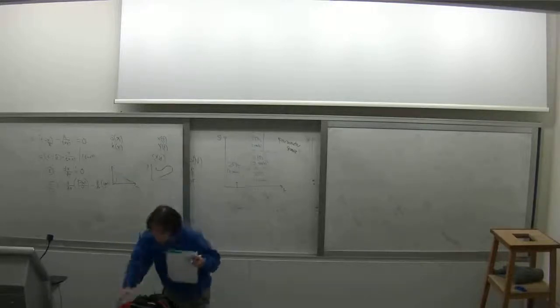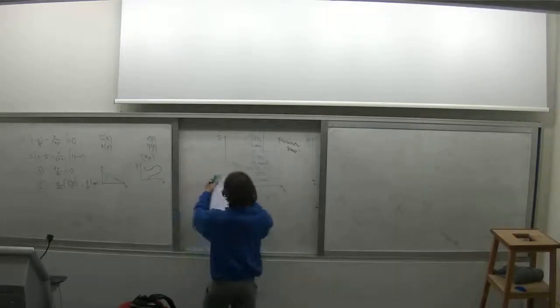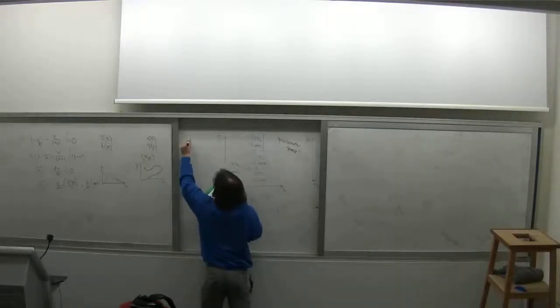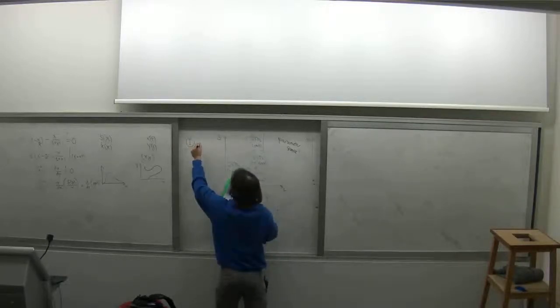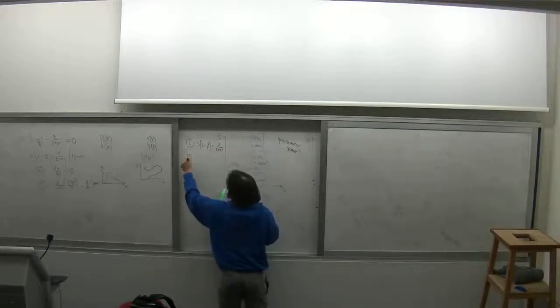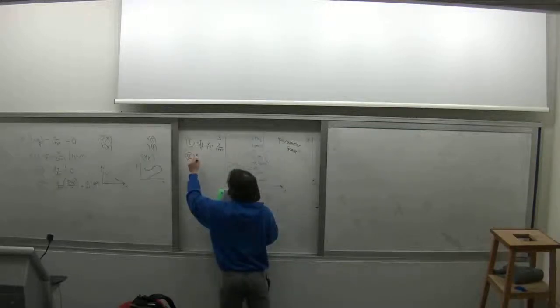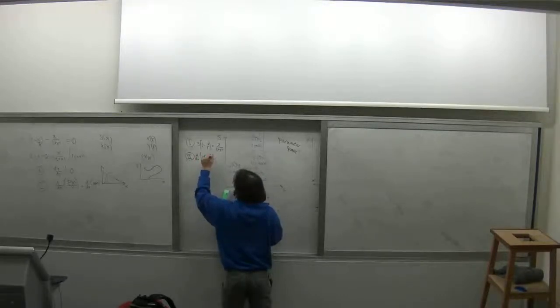I'll write this more explicitly. Our two conditions are now: s times (1 minus x over k) equals x over 1 plus x squared, and 2, d over dx of s times (1 minus x over k) equals d over dx of x over 1 plus x squared.